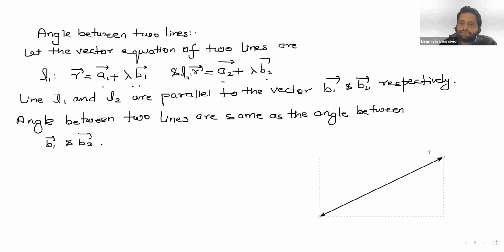Please check here. Suppose this is your line L1, this is your line L2, and this is your angle theta. Now I will draw another line. For this line L1, we have a vector parallel to it, this is your B1.